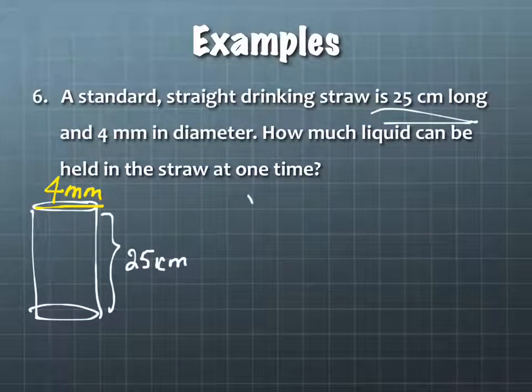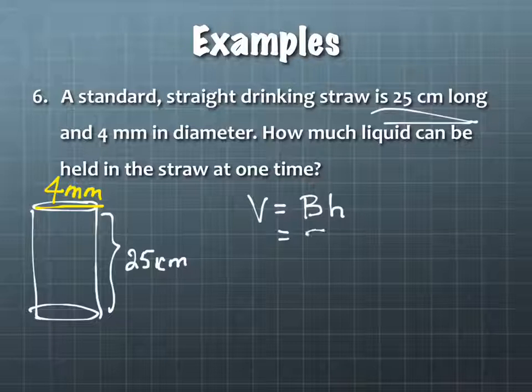So how do we find volume of a cylinder? Base times height. The base in this particular diagram is a what? A circle. So it's pi r squared, and then times my height. Do you know r, do you know h, and do you see that we have a problem?